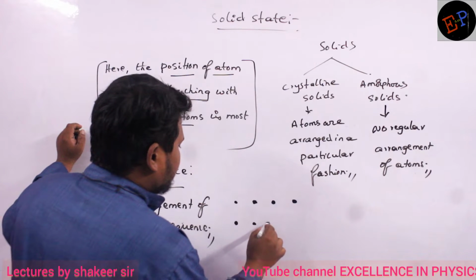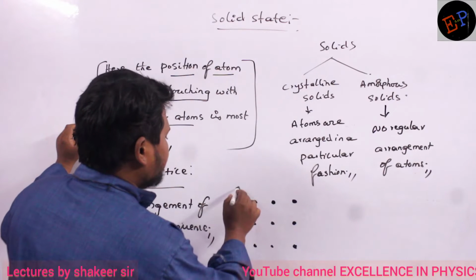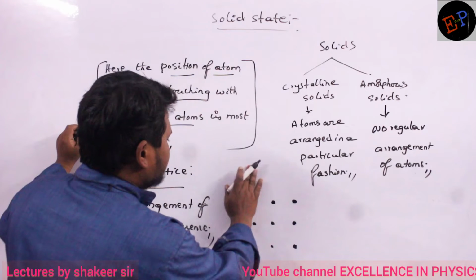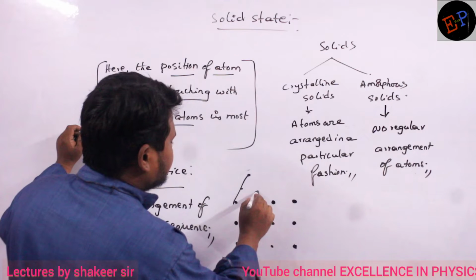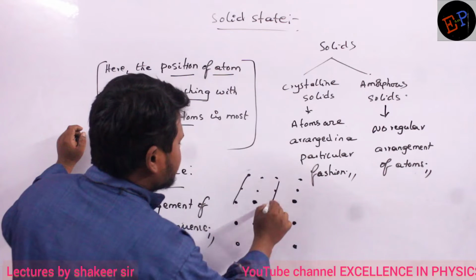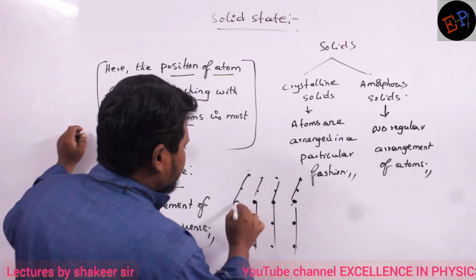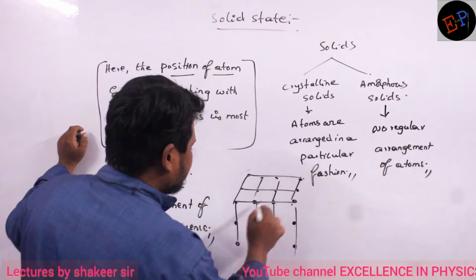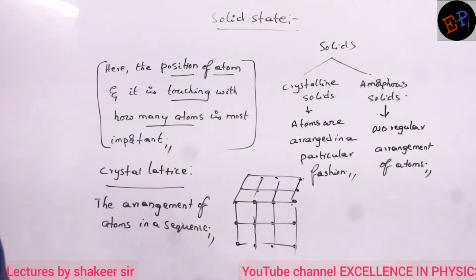If the arrangement is like this, this type of arrangement is possible. So the arrangement of all the atoms in a particular structure or in a particular sequence is called crystal lattice.